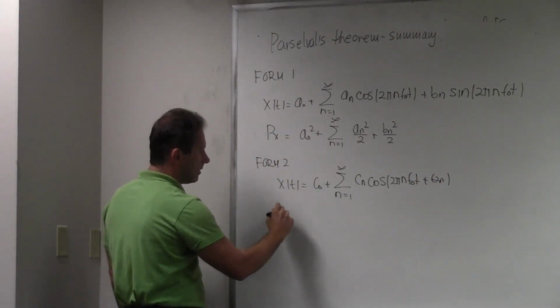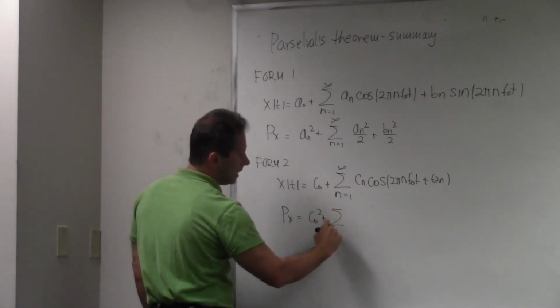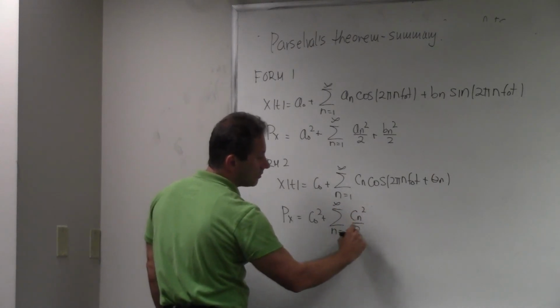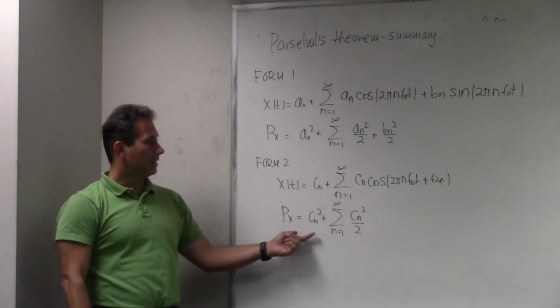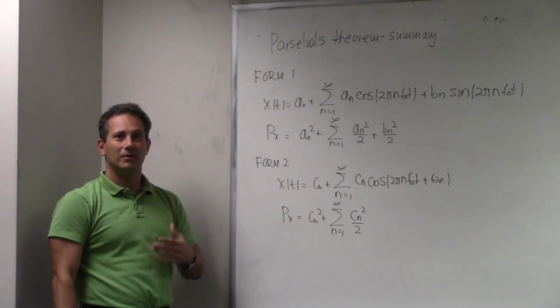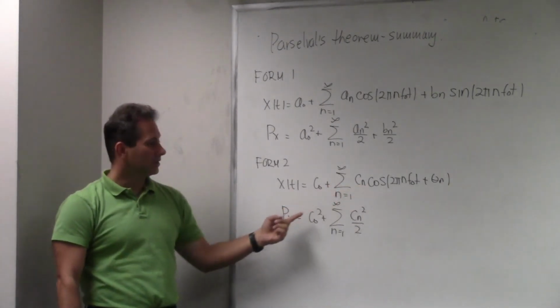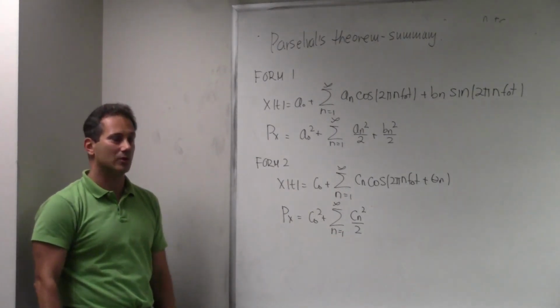In this case, the power of the signal is c0 squared plus the sum, n from 1 to infinity, of cn squared over 2. Look at how nice this is from our intuitive feeling. I have a whole bunch of sinusoids, and the total power is the sum of the powers in each individual sinusoid.